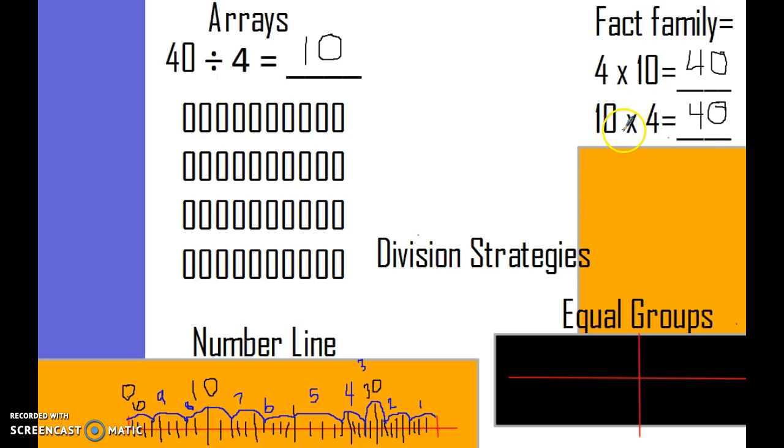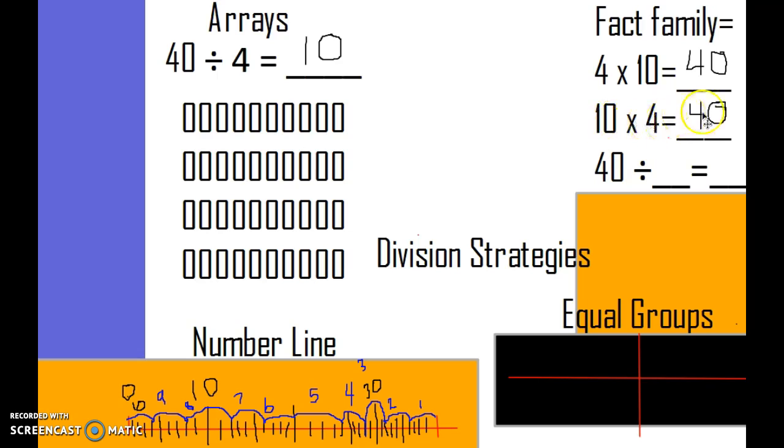It would look different if you had to set up a room, because you have 4 groups of 10 or 10 groups of 4, but either way you're going to get the same answer. Let me move this over just a little bit more, and let's now apply that to division. So the reverse of multiplication is division.